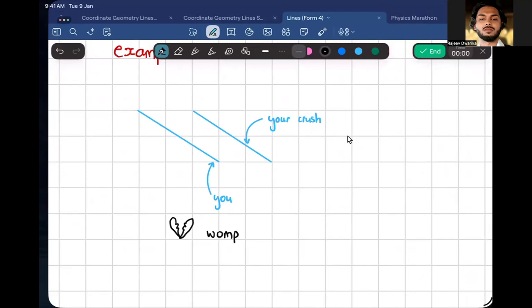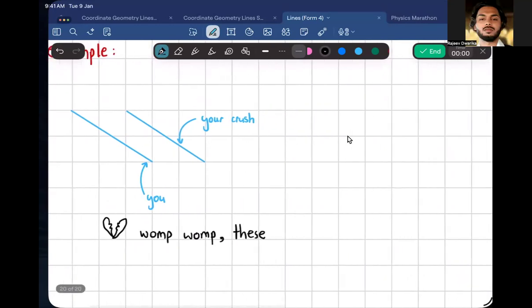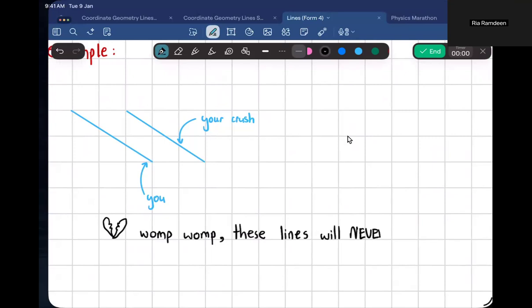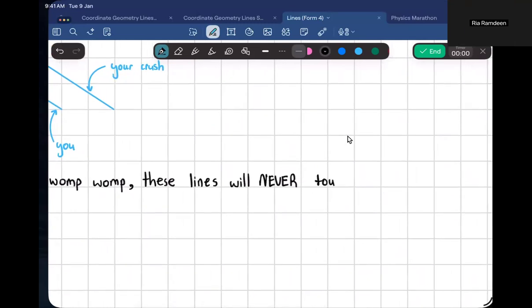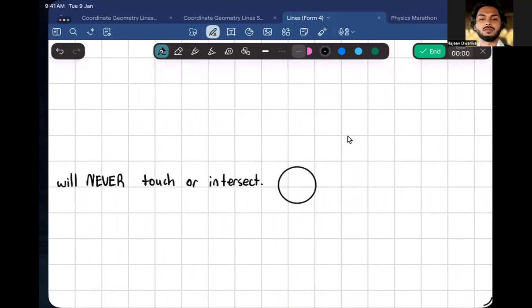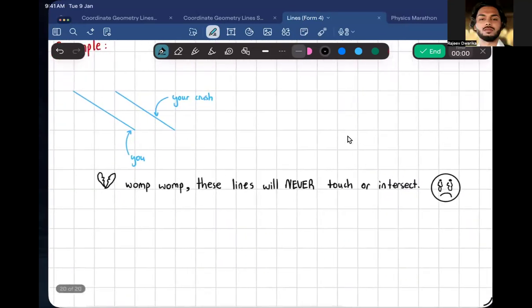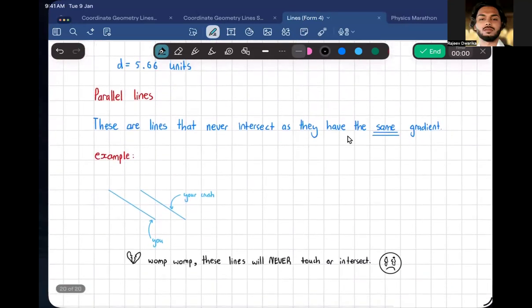Actually, these lines will never touch or intersect. So this is what a parallel line is.